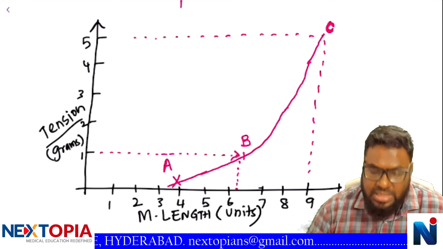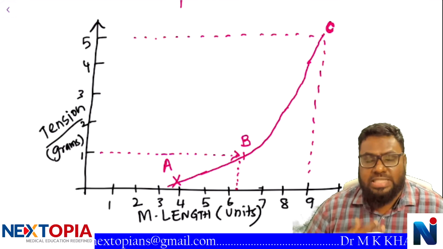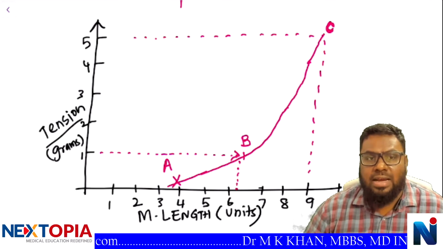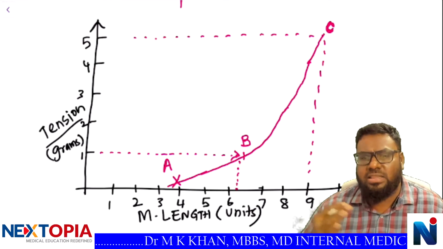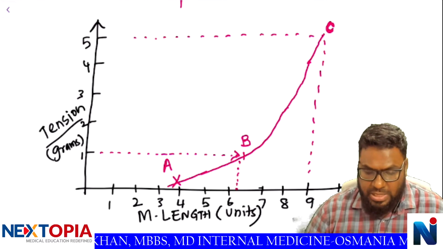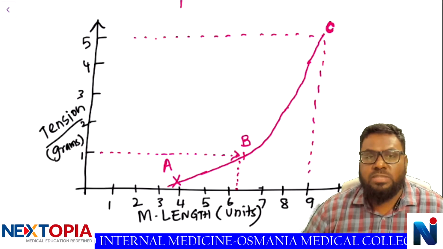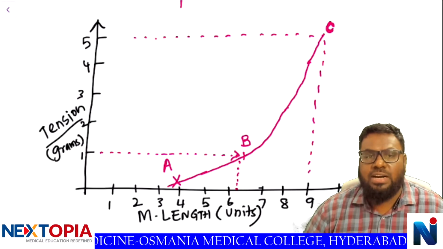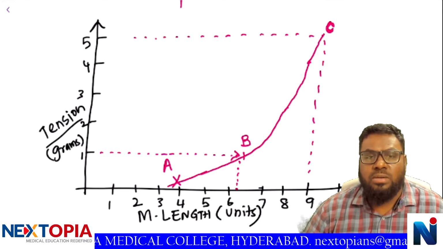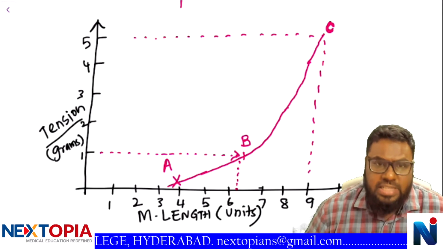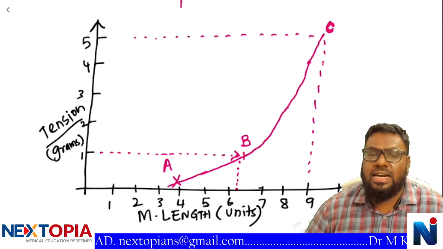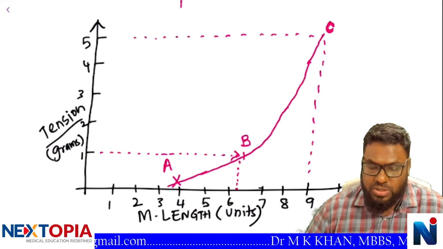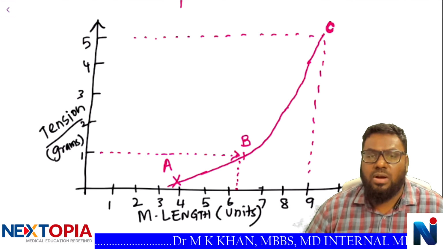Point B is nothing but 1 gram of force applied onto the muscle, resulting in some change in the muscle length. It has come to point 6. And what is point C? Maximum load that is applied. 5 grams of load is applied, producing the maximum change in the length and resulting in a great tension onto the muscle.